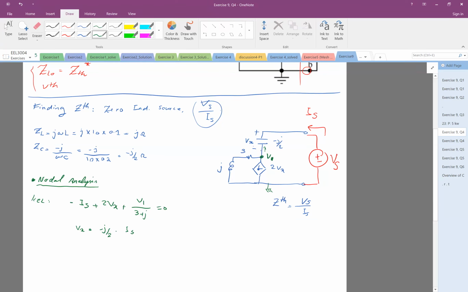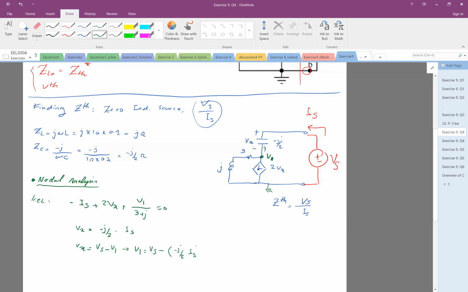Looking here, Vx is also Vs minus V1. In other words, V1 is Vs minus Vx, and Vx is minus j over 2 IS, so V1 is Vs plus j over 2 IS.